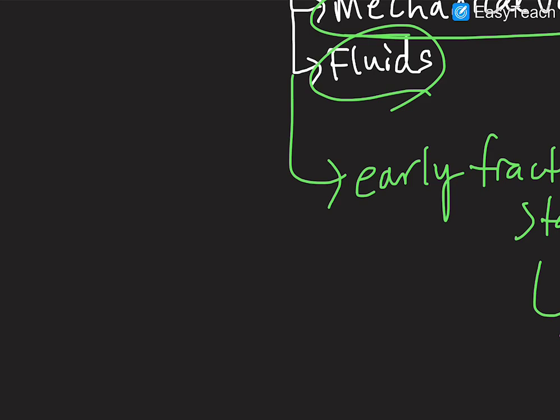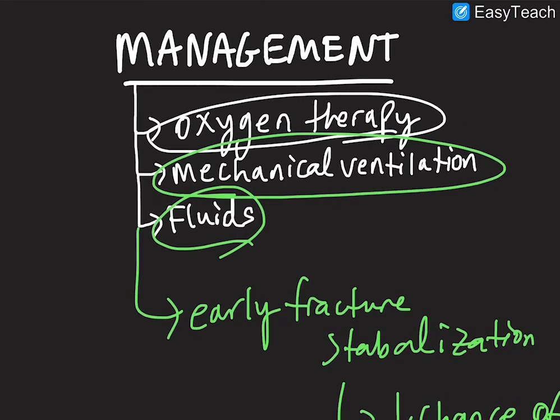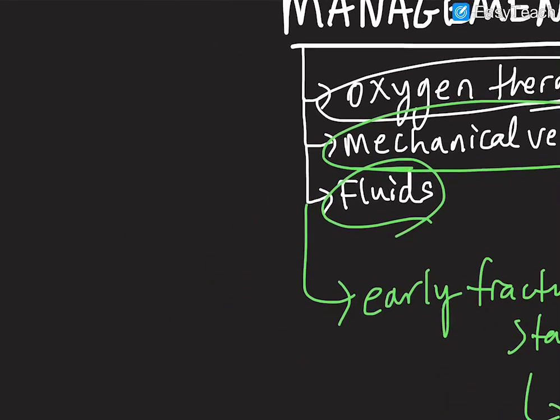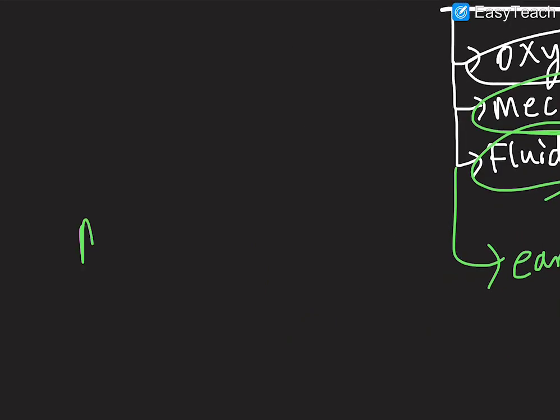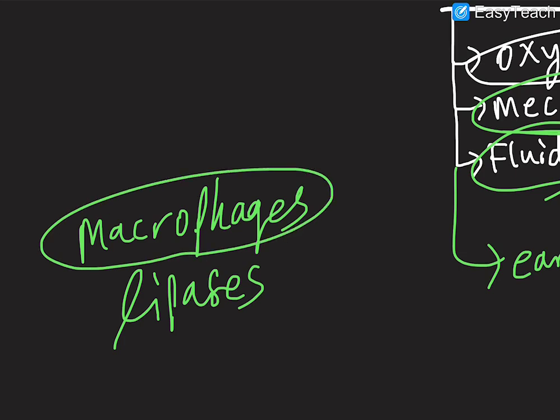All right, so that's the main ways you can manage fat embolism syndrome, and just wait for natural clearance of these fat emboli, right? Because remember, we have macrophages and lipases that will try to break these fat emboli down, or macrophages will try to phagocytose the triglycerides or fatty acids of these fat emboli, and then it'll just take time to clear these fat emboli away.